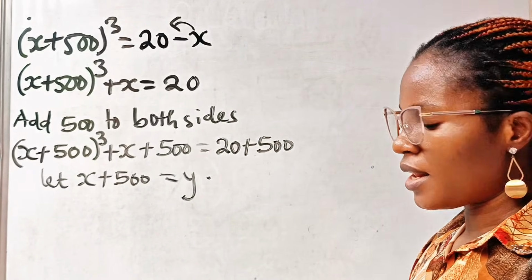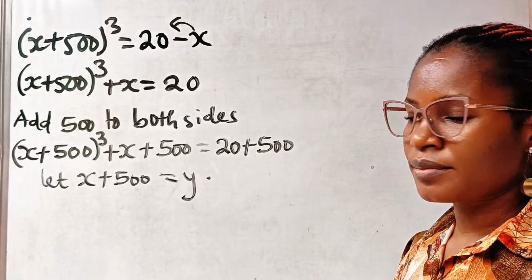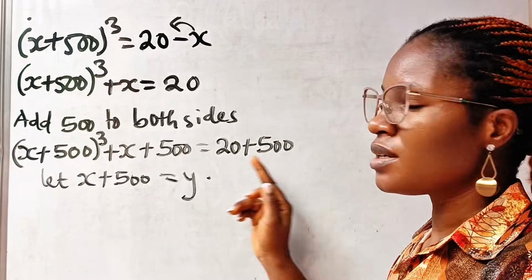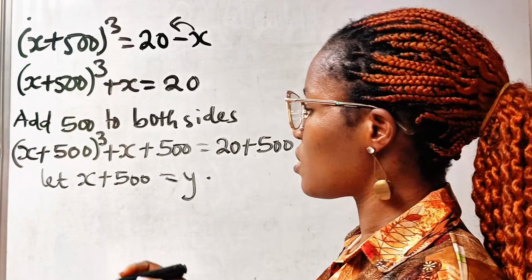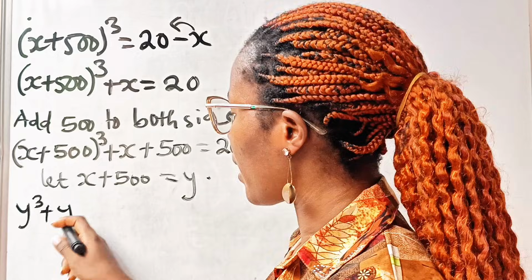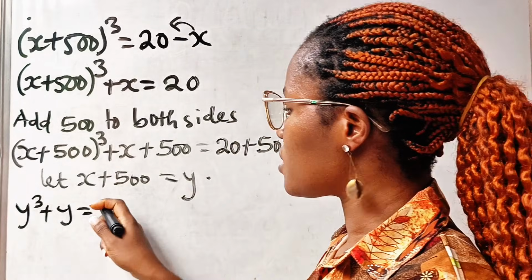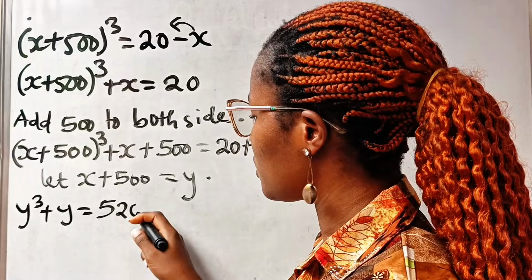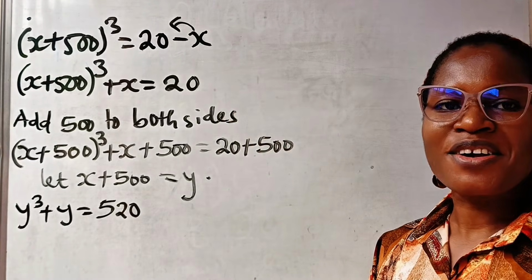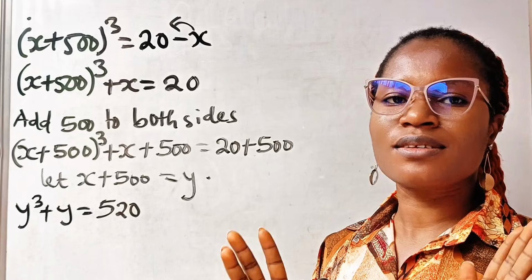So if we say let x plus 500 be equal to y, that means this equation becomes y to the power of 3 plus y is equal to 20 plus 500 is 520.